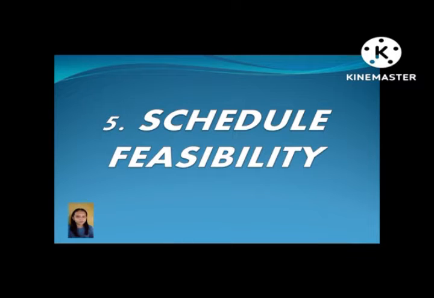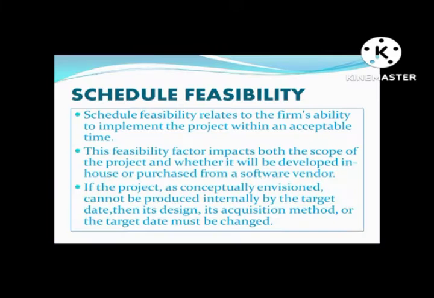The fifth aspect of project feasibility is schedule feasibility. Schedule feasibility relates to the firm's ability to implement the project within an acceptable time.